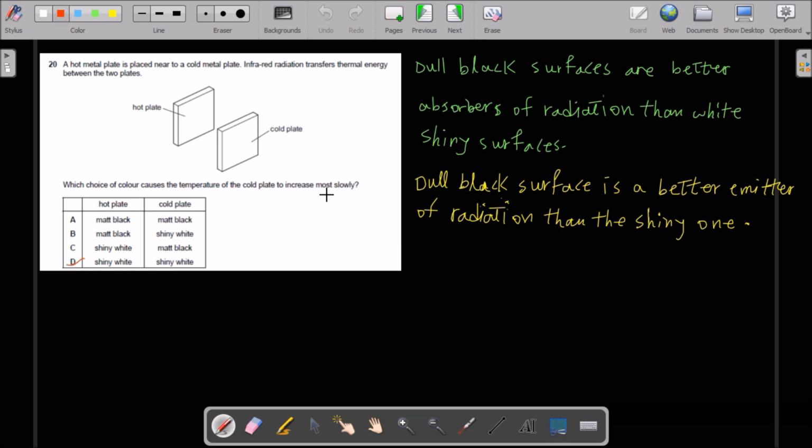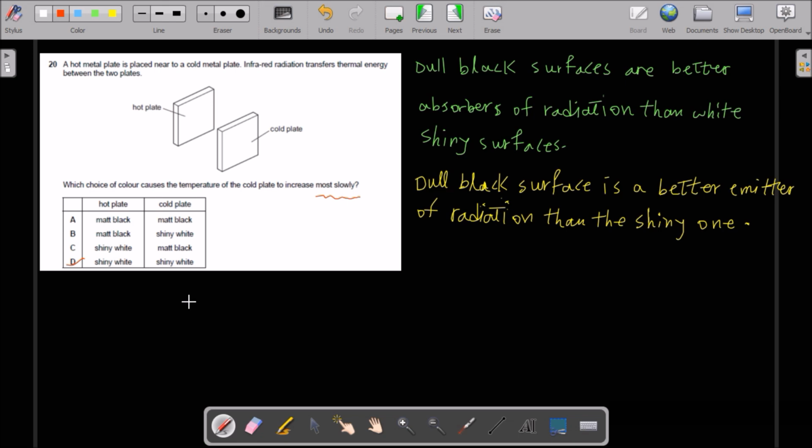So the question asks for most slowly. That's why the hot plate should be shiny white, and the cold plate also should be shiny white. Because when heat from the hot plate comes to the cold plate, and the cold plate is shiny white, most of the radiation will be reflected.